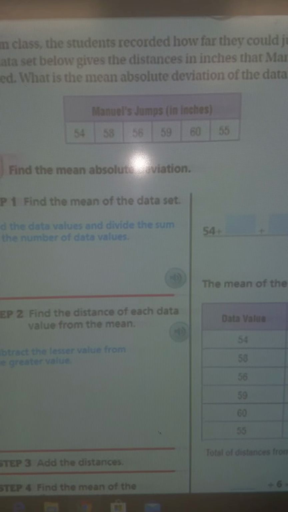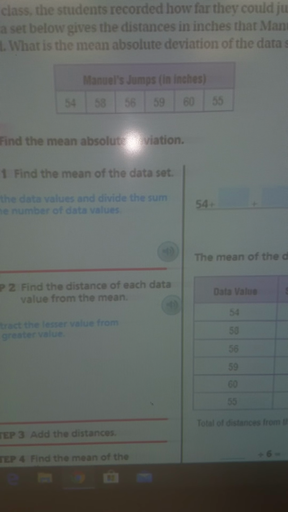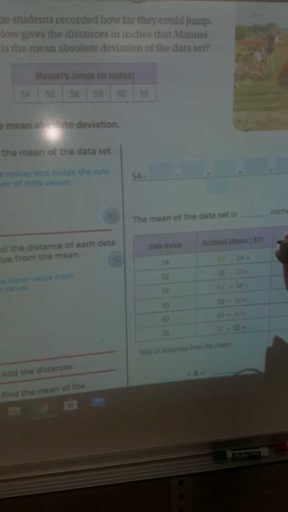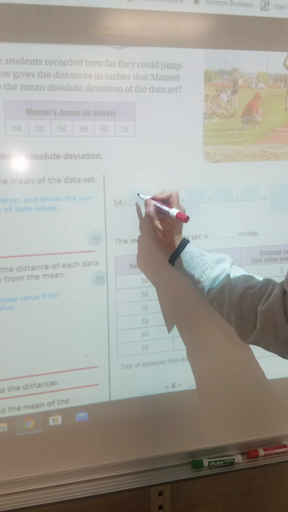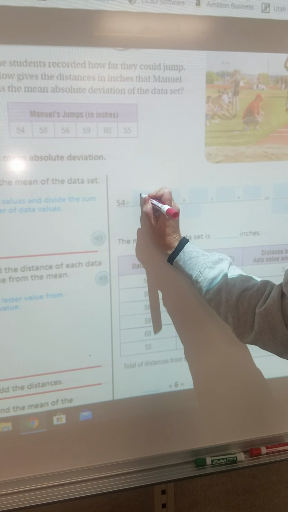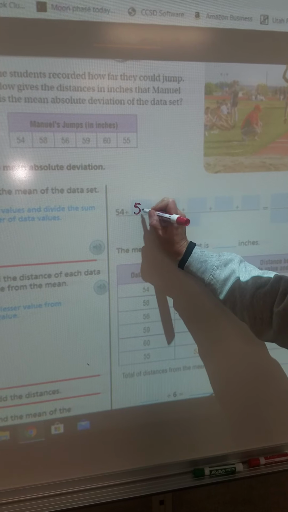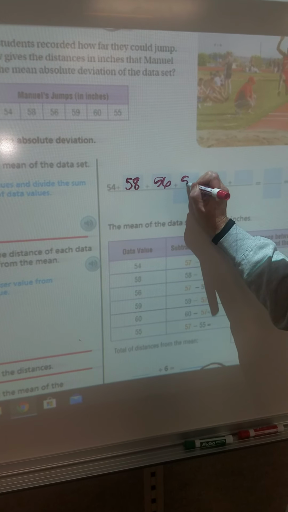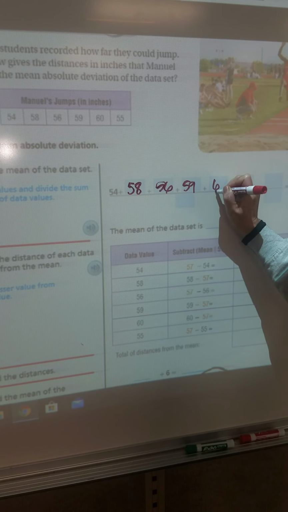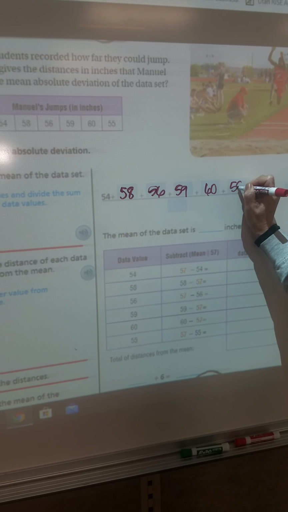Okay, and so in order to find the mean, we're going to add all those values together. Okay, so we have 54 plus 58 plus 56 plus 59 plus 60 plus 55.